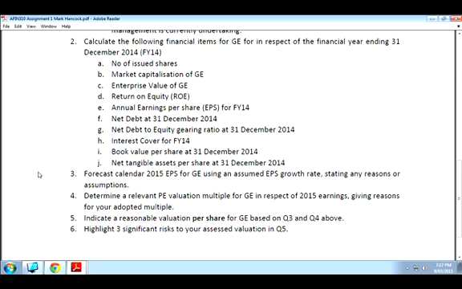By the way, this is a calendar year company, if you get confused. In Australia we have a 30 June balance date. This is 31 December. So if we talk 2015, we mean calendar 2015. So I want you to forecast the earnings per share for calendar 2015. They earned something like $1.51, I think it was, in calendar 2014 per share.